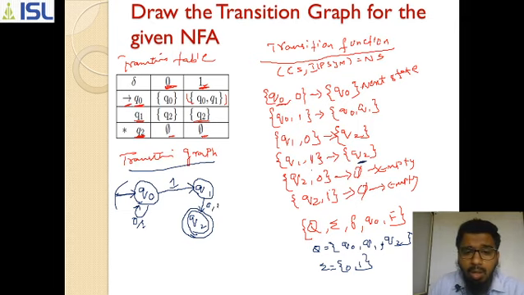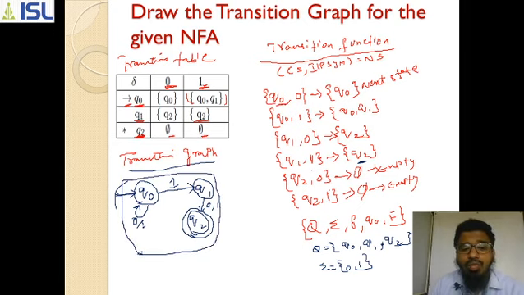So 0 comma 1. Next, if q2 is 0, where is it going? Nothing. If q2 is 1, where is it going? Nothing. So empty means this is your final graph for the given table.